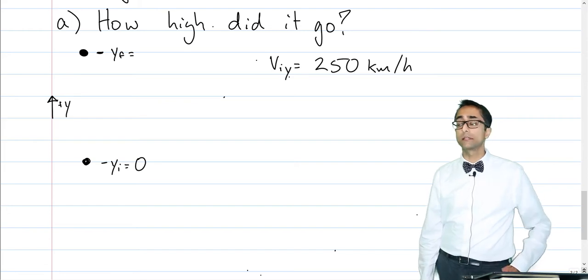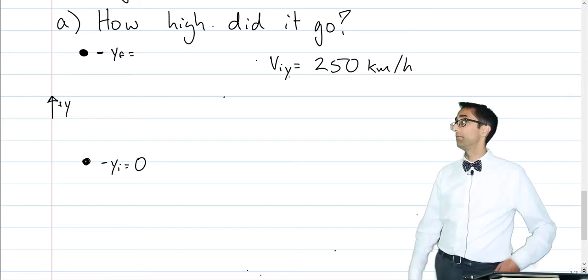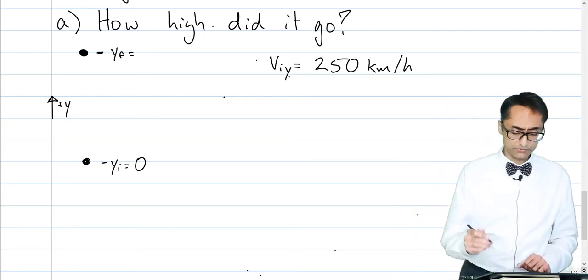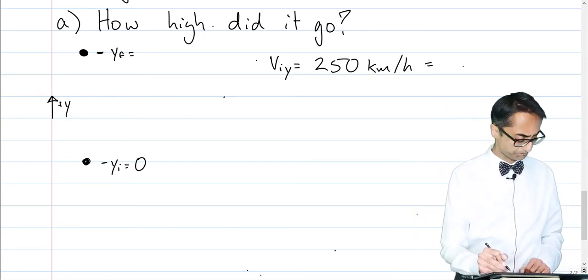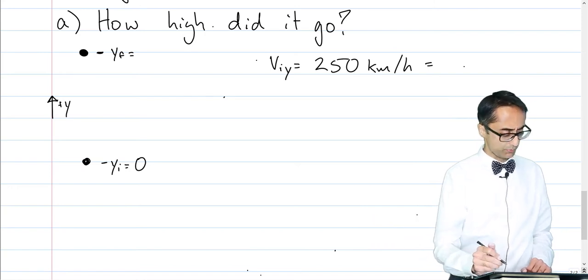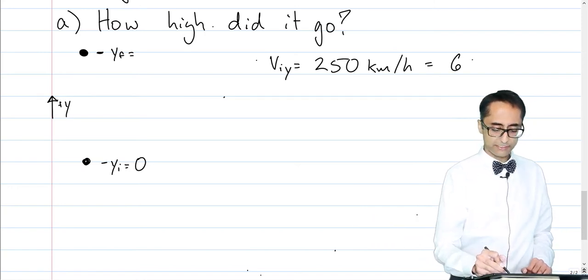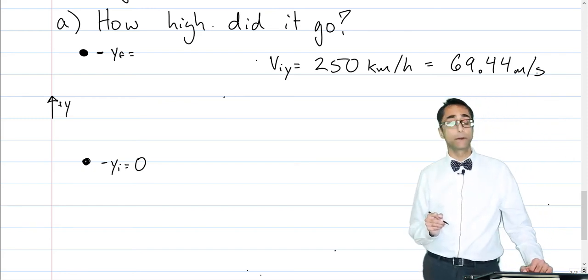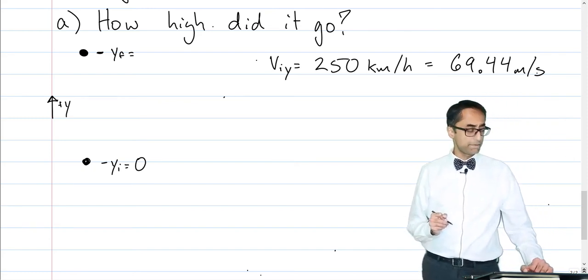Kilometers an hour is an easy to understand unit, but it's not the one we use for our problem solving. And so we're going to change this. Doing your typical unit conversion, we will get 69.44 meters per second. If you're having trouble doing that conversion, please look at a previous video. In fact, the first one.